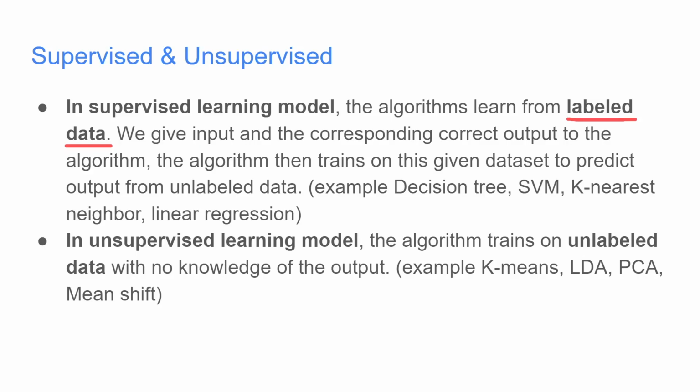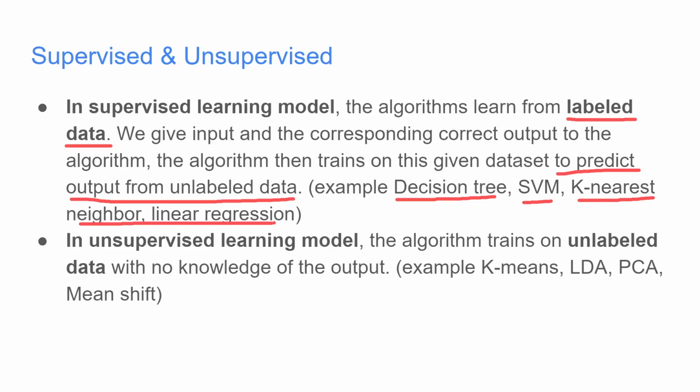The algorithm then trains on the given data set to predict the output from the unlabeled data. Here we have examples of supervised machine learning algorithms called decision tree, SVM, k nearest neighbor, and linear regression. So these are the examples of supervised learning algorithms.